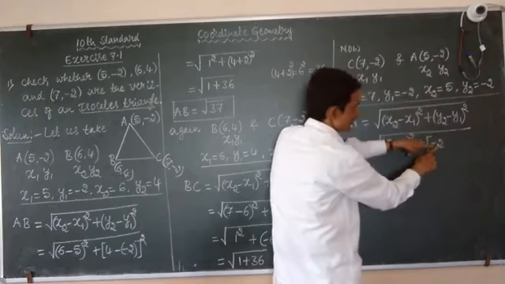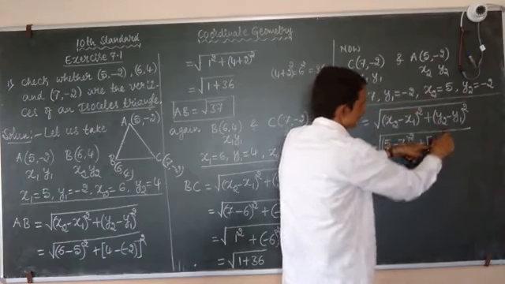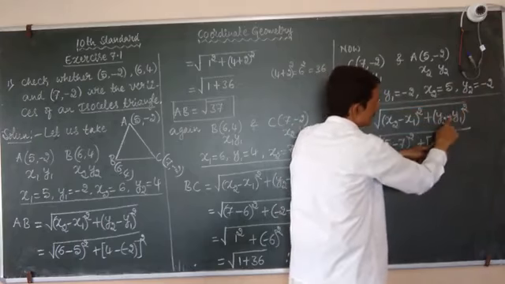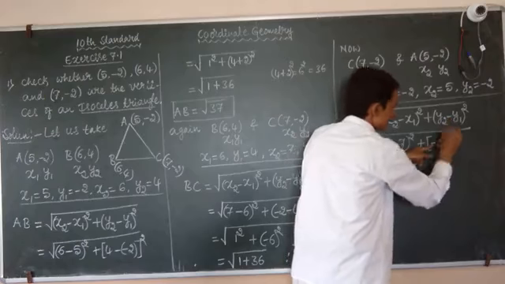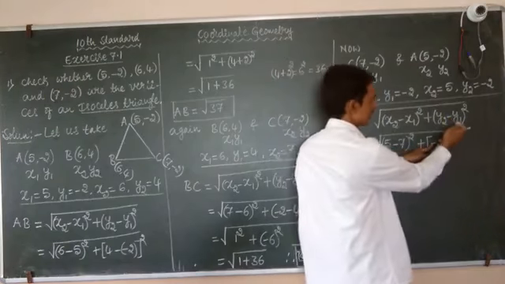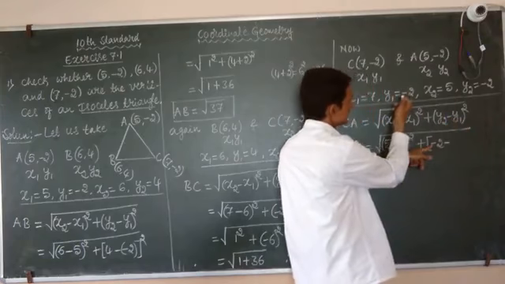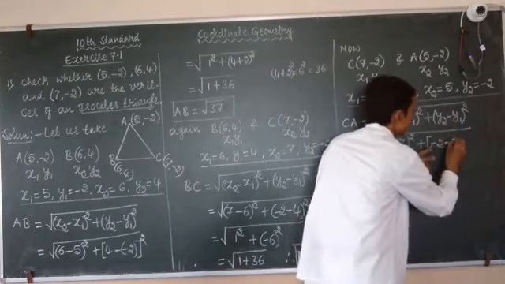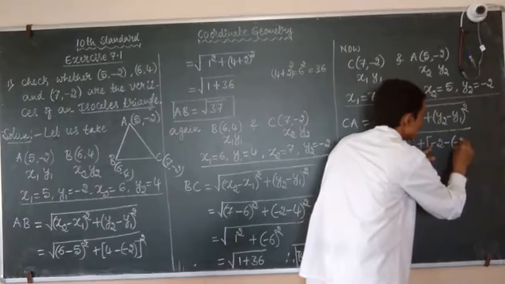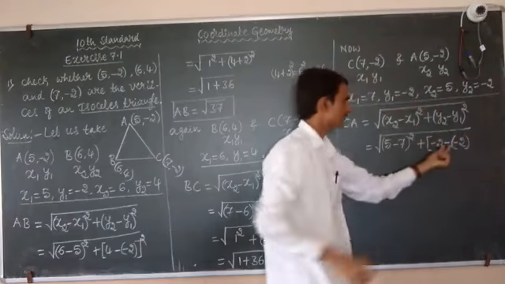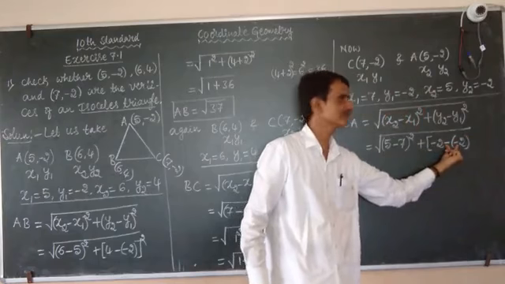y2 means minus 2. Observe, y2 ಅಂದ್ರೆ minus 2, ಫಾರ್ಮುಲಾದಲ್ಲಿ minus ಇದೆ, ಆ minus ಅನ್ನು ಬರ್ಕೊಳ್ಳಿ. So y1, what is the value of y1? It is again minus 2. So write it in the bracket because we have to multiply the signs.